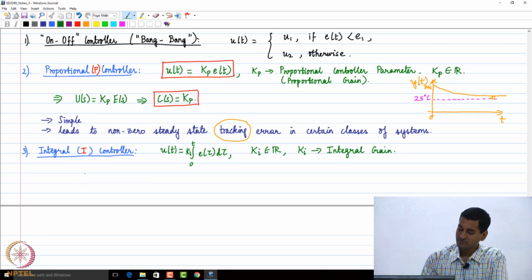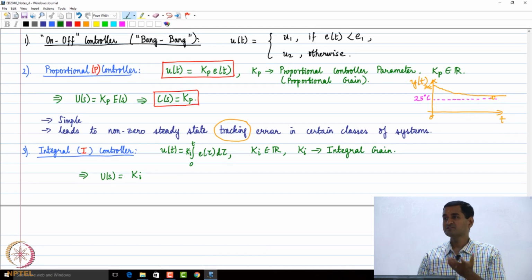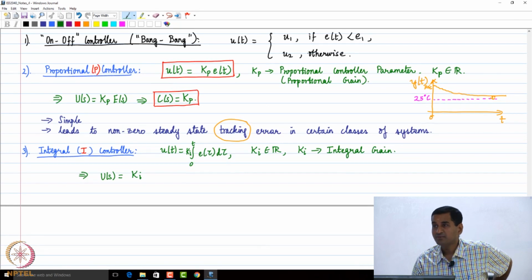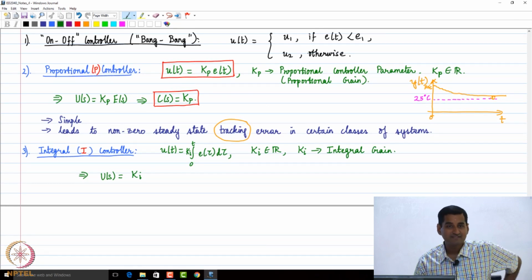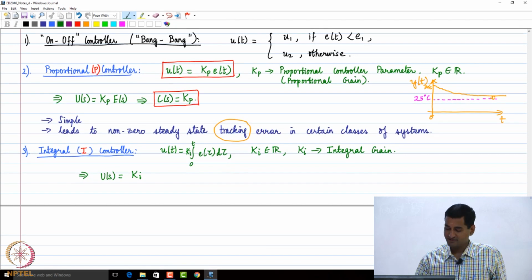So if we take the Laplace transform, what happens to this? If you use the real integration theorem, what happens here? What is the Laplace of the integral from 0 to t of e(tau) d tau? E(s) by s, right? So 1 by s gets multiplied.